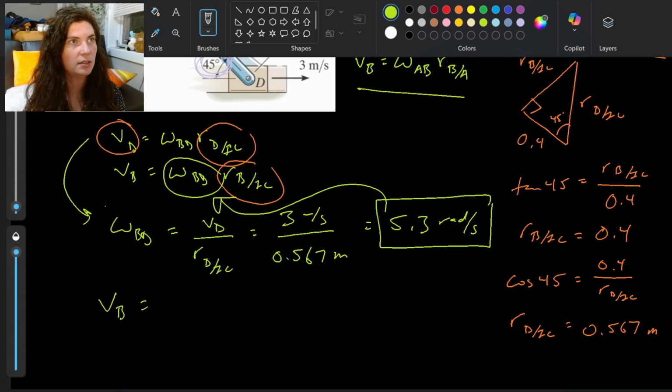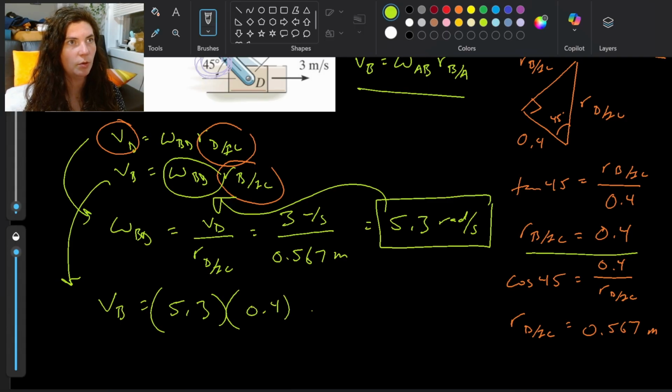So V_B equals 5.3 times my R_B with respect to IC, so times 0.4. So V_B is going to be 1.12 meters per second.